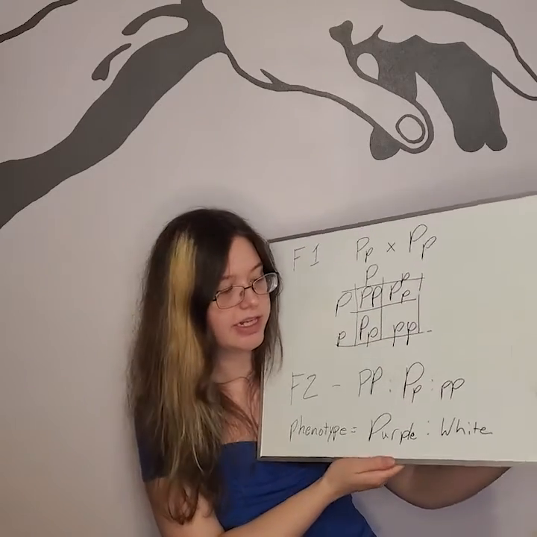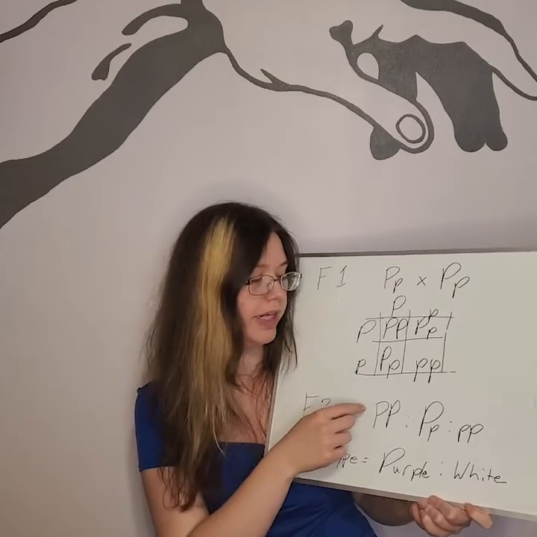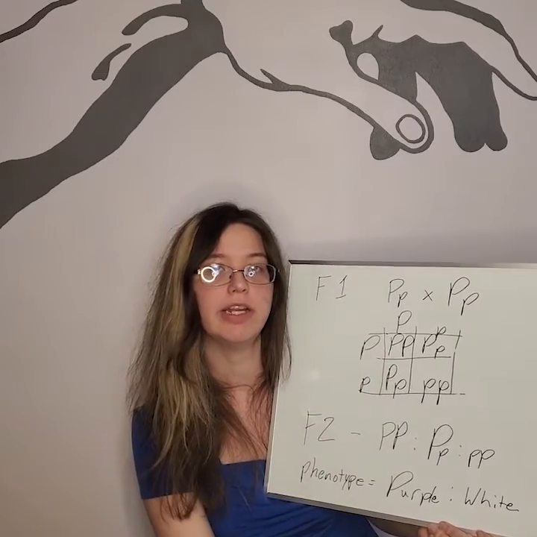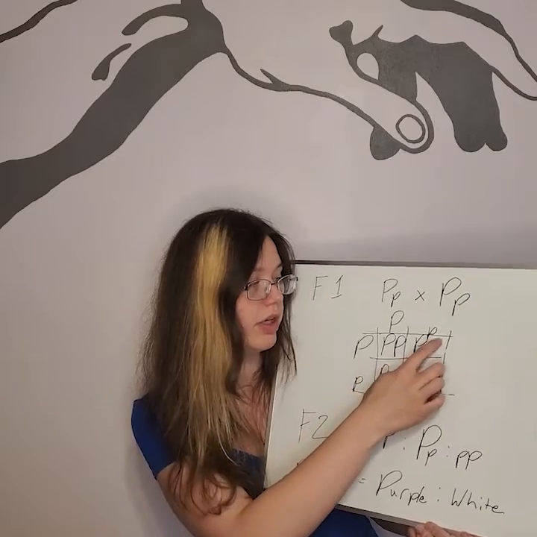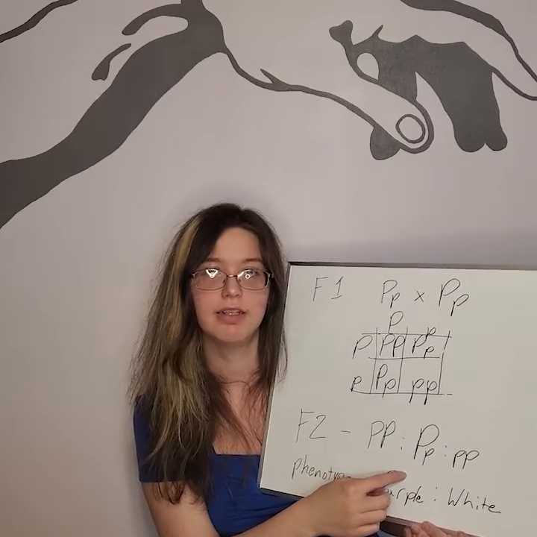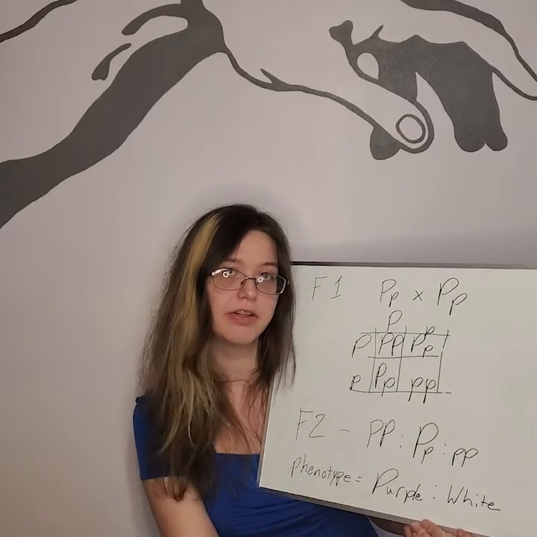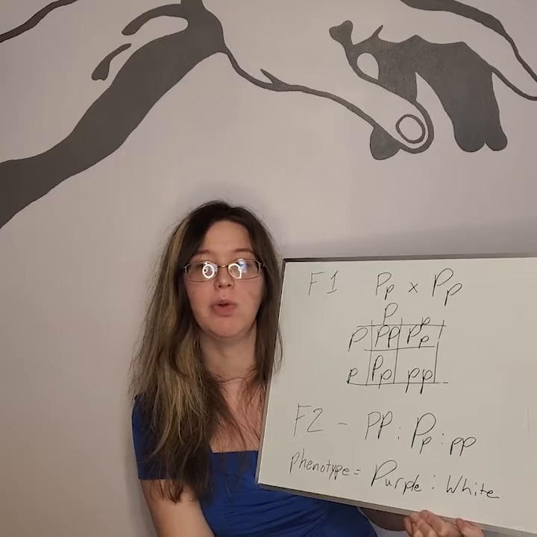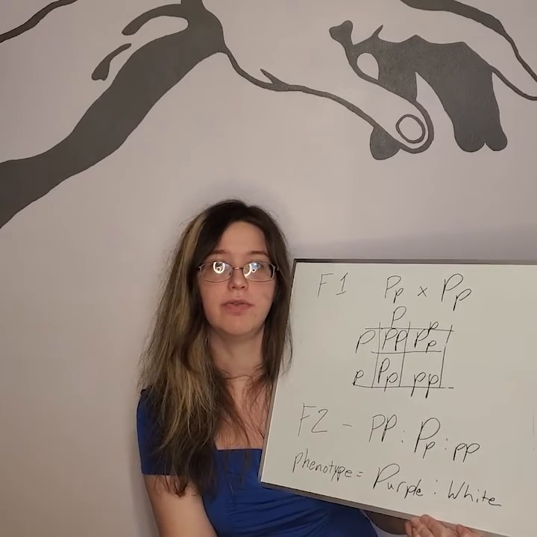And we get these options. So for genotype, we get 1 that's homozygous dominant. We get 2 that are heterozygous. And we get 1 that is homozygous recessive. So for genotype, we get a 1 to 2 to 1 ratio.